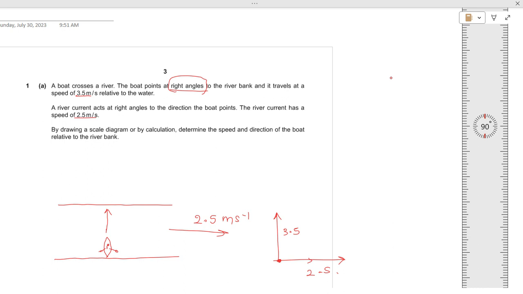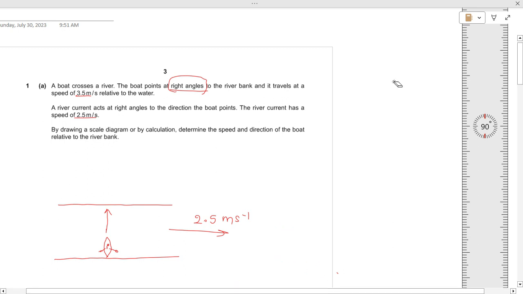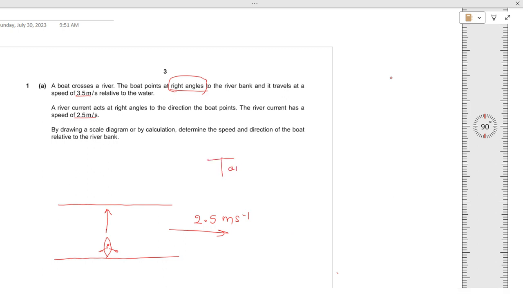If you use the calculations, let me erase this part. You have to use tan theta. Draw the triangle. One side is 2.5, one is 3.5, and you have to find the angle.